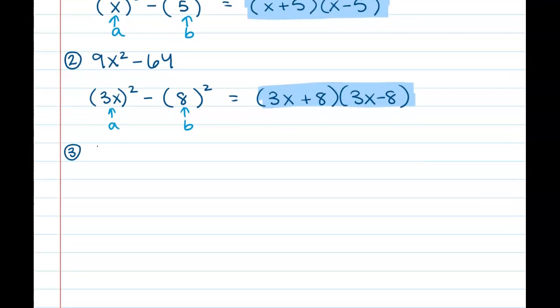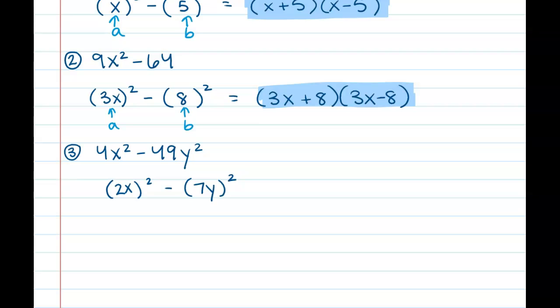Now let's do 4x squared minus 49y squared. We have variables in both terms. That's okay. We're still going to see if we can rewrite it in the form of something squared minus something squared. 4x squared is equal to 2x in parentheses squared. 49y squared is equal to 7y in parentheses squared.